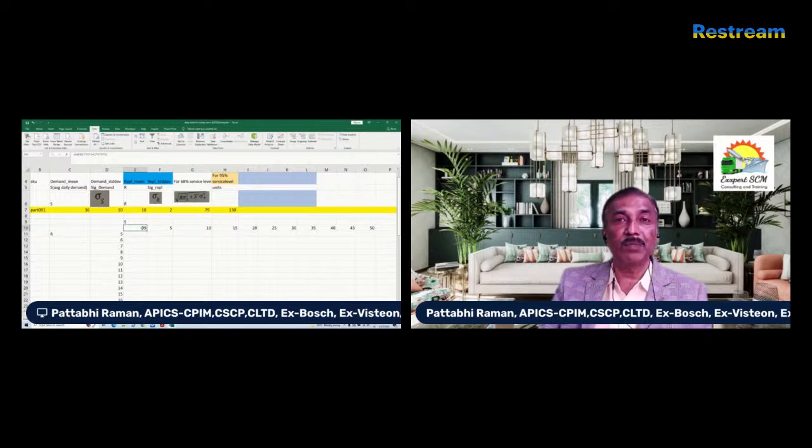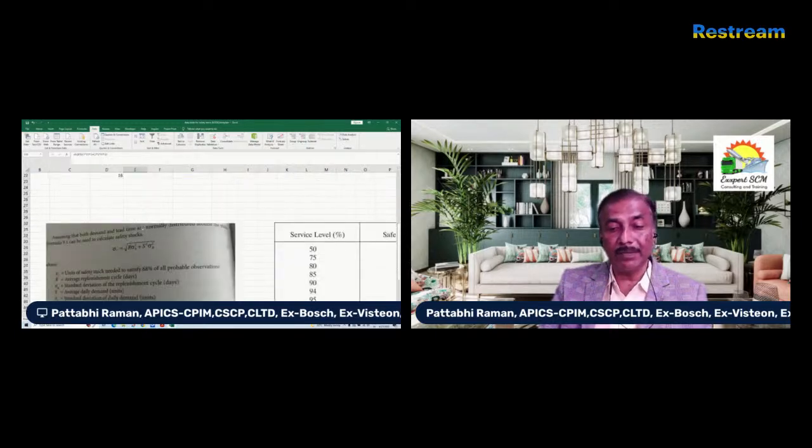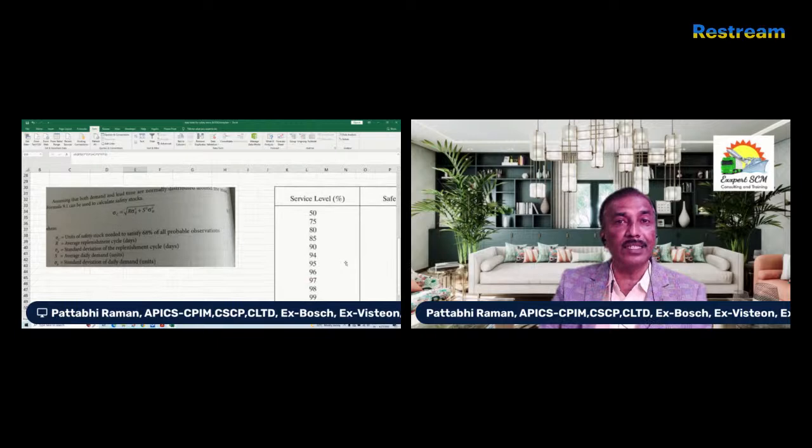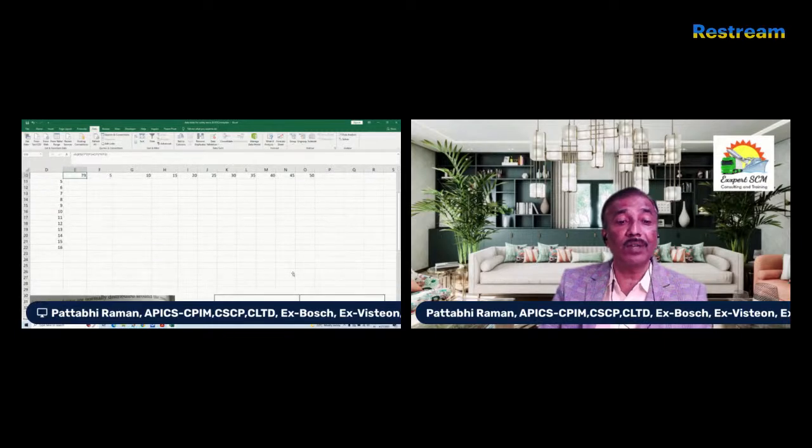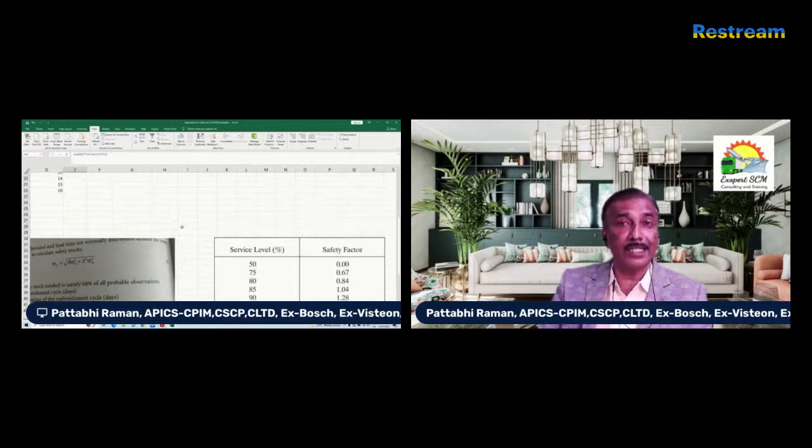Suppose you want a higher service level, you may have to use this safety factor table. For example, if you want a 95% service level, then the safety factor is 1.65, which you have to multiply by whatever value you are getting. Suppose 79 is there; if you want a 95% service level, you have to multiply by 1.65.